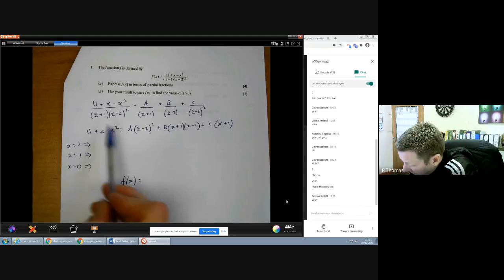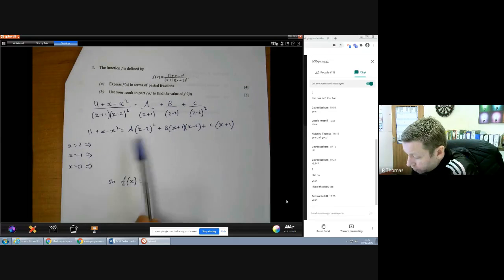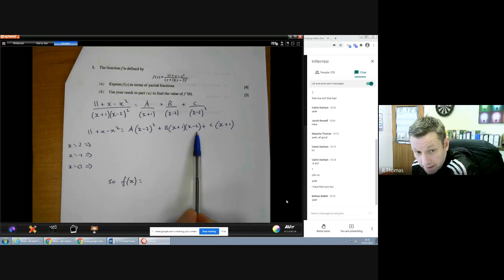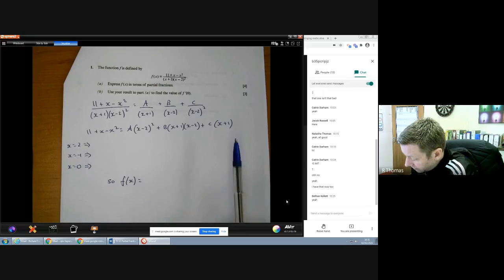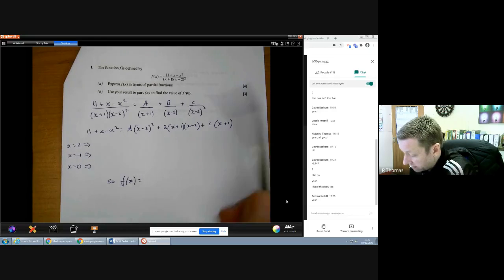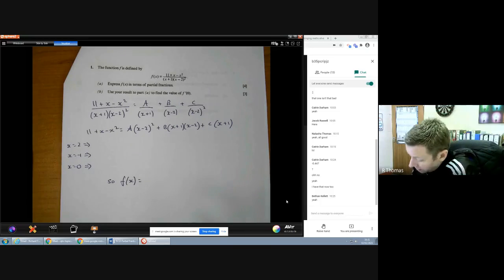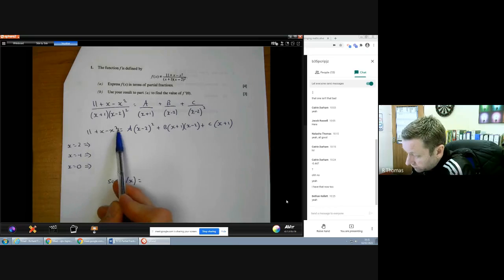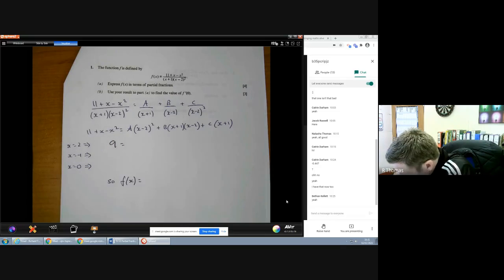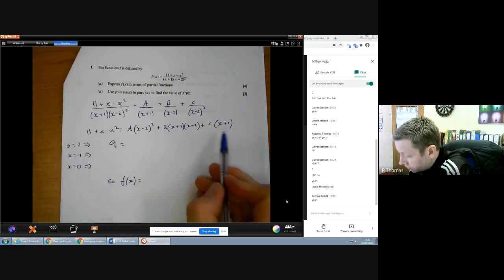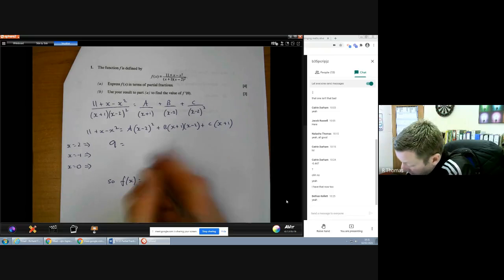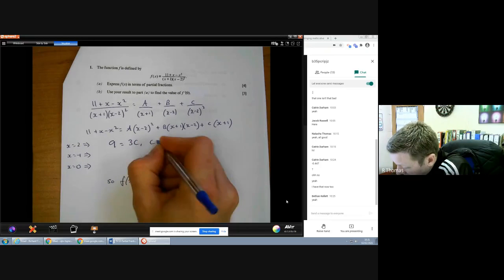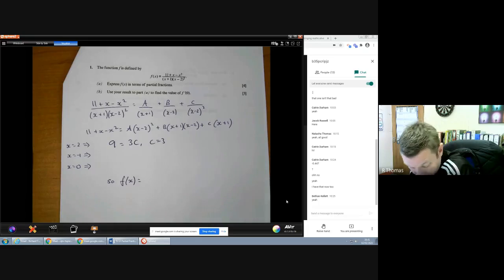Right, set it up. I know I got to chuck in 2 to eliminate them, -1 to eliminate them, and then 0 to get my b to it. Okay, so when x is 2, I've got 11 plus 2 is 13, minus 2 squared is 4, that's 9. That goes, 2 plus 1 is 3, so 9 equals 3c, c equals 3, happy with that.